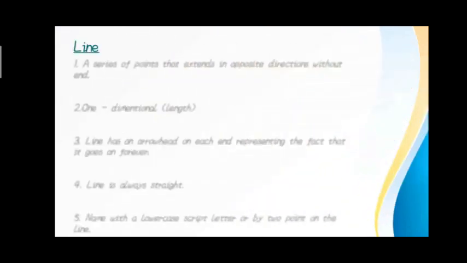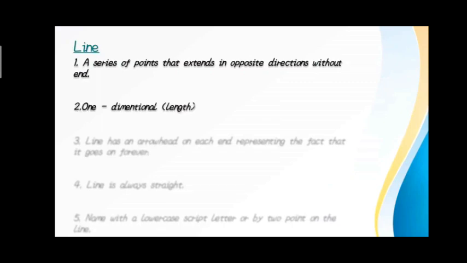Now next, the second undefined term is a line. Now what is a line? A line is basically a series of points that extends in opposite directions without end. That means a line has no ends in both directions. Second, it is one dimensional.